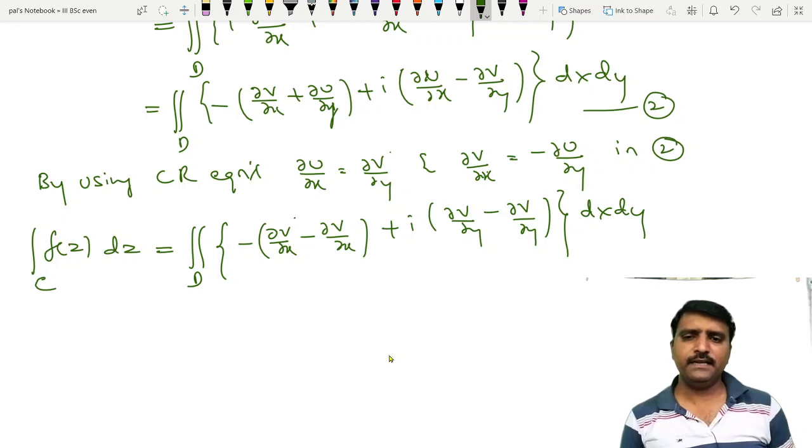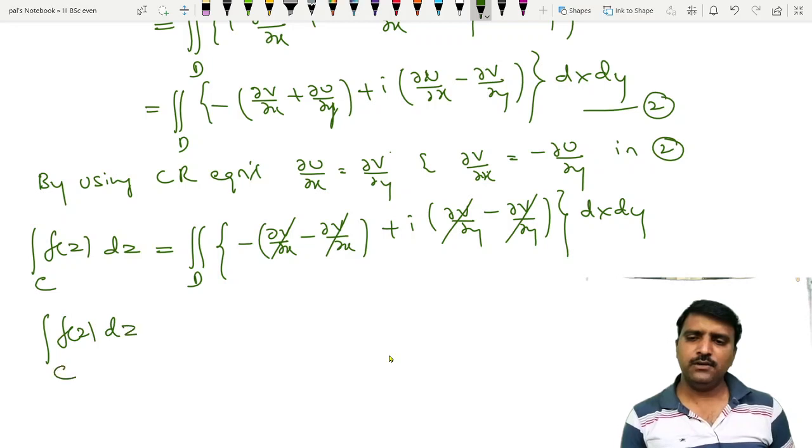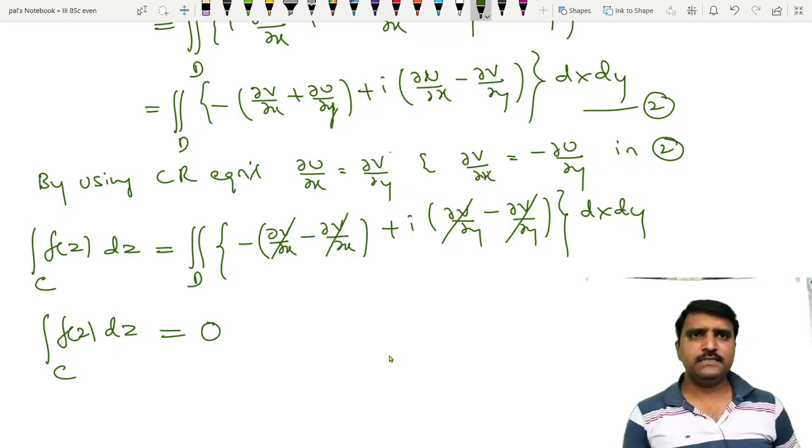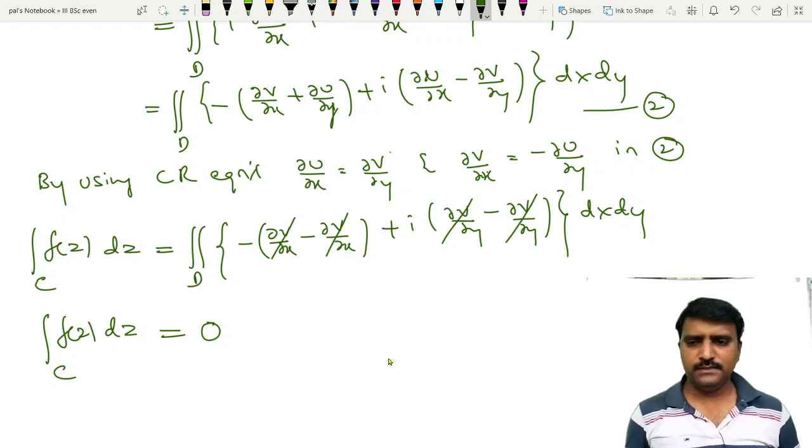Here del v by del x cancels with minus del v by del x, and del v by del y cancels with minus del v by del y. So the integration of f of z dz over C is equal to 0, as the right hand side is completely 0. Okay, so just to remind this theorem once again.